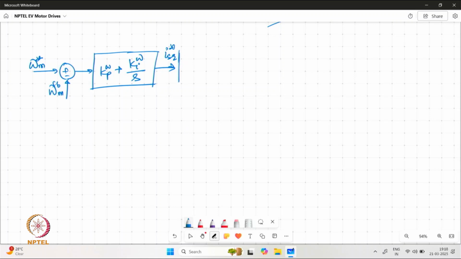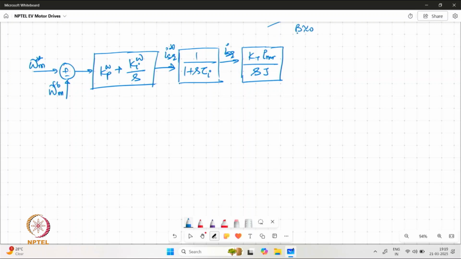ISQ reference is passing through the closed loop system having a time constant of tau I defined earlier, which is generating ISQ, and then we have IMR appearing along with the constant KT and the mechanical plant. So here we are considering the worst case where our friction is nearly zero.